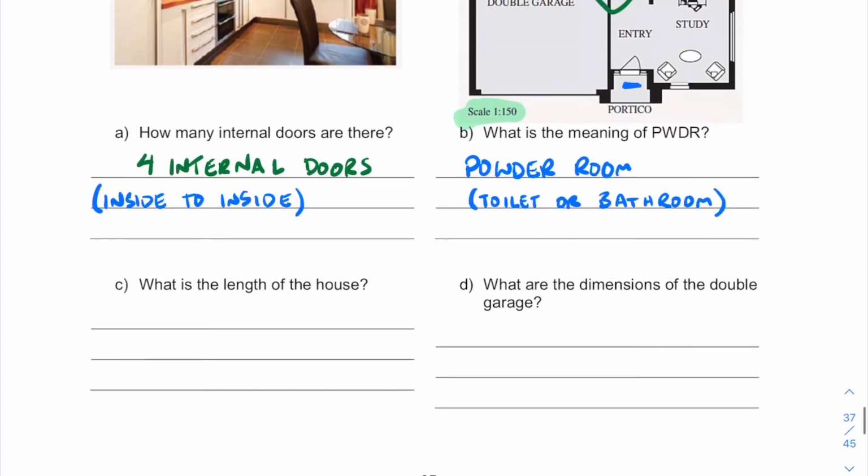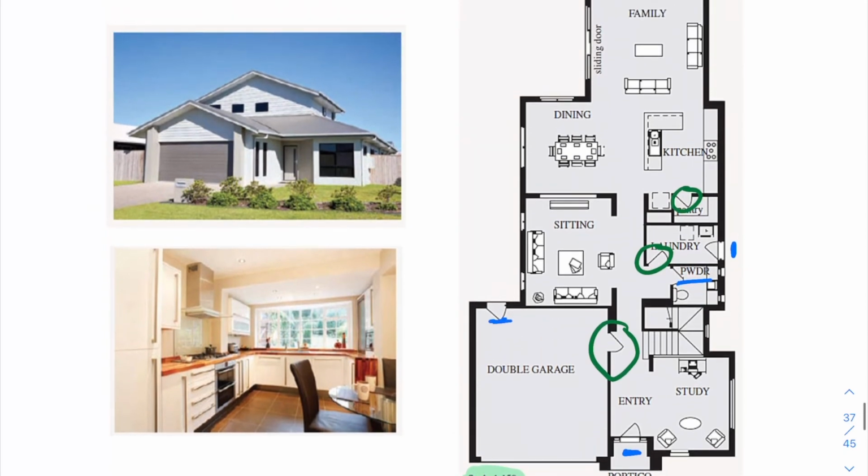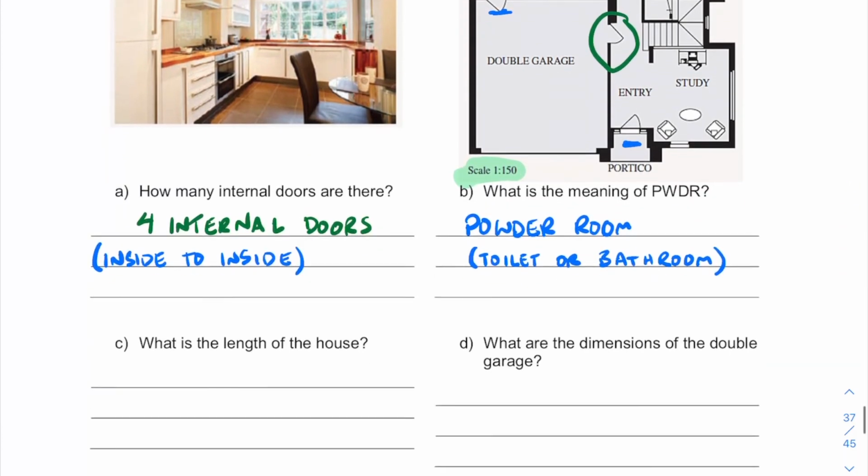Our next one is, what is the length of the house? So if we get a ruler out and we actually look at this property, when I measured it up on my sheet, I got the length of 12.5 centimeters.